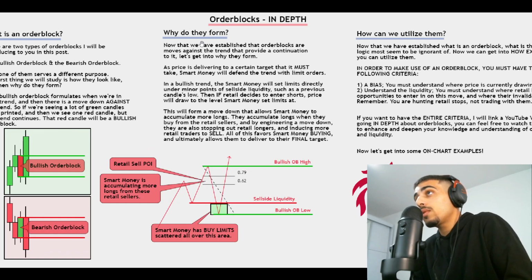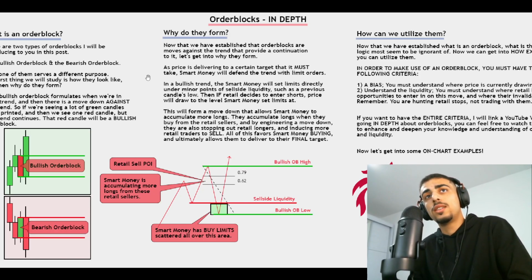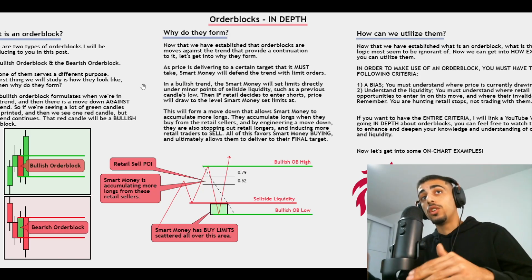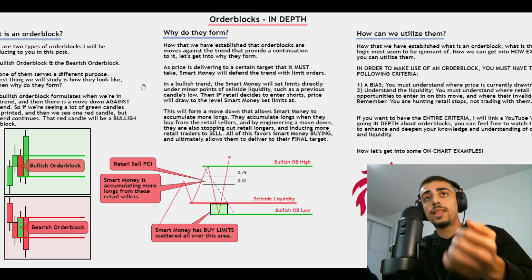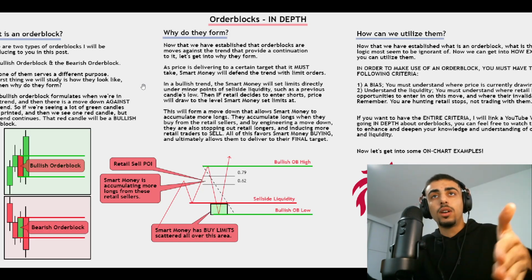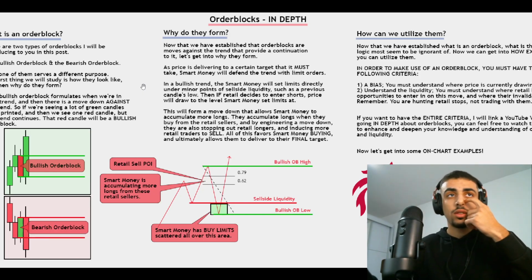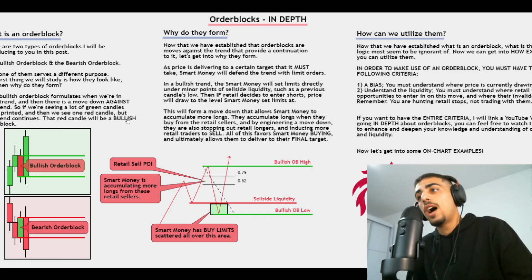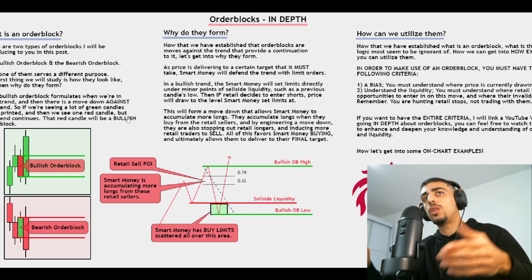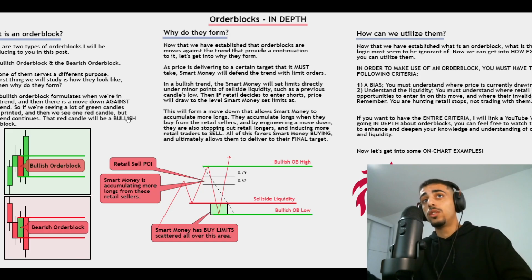So when we're in an uptrend, smart money is going to defend the trend with limit orders. They're going to scatter limit orders to defend certain levels that they want to buy at. Let's just say I'm moving price up to a certain target, then I'm not going to want price to go to certain places as it's going to that target.